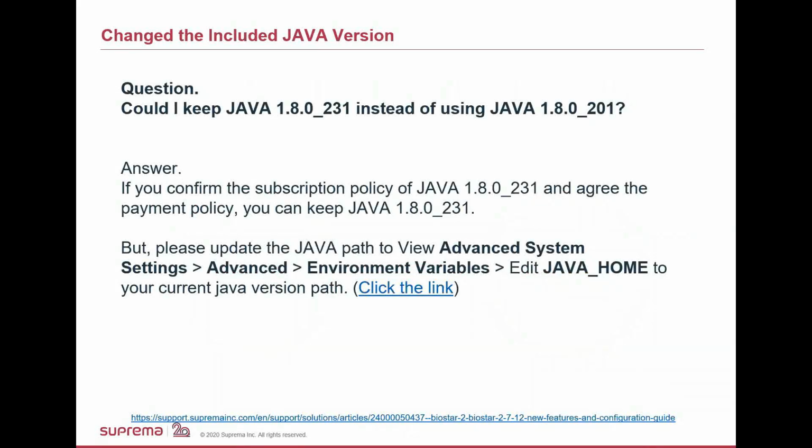If you'd like to keep the latest Java version rather than using 1.8.0_201, then you can keep using 1.8.0_231 when you confirm the subscription policy of Java and agree to the payment policy. Also, you have to manage the Java path manually according to our article.